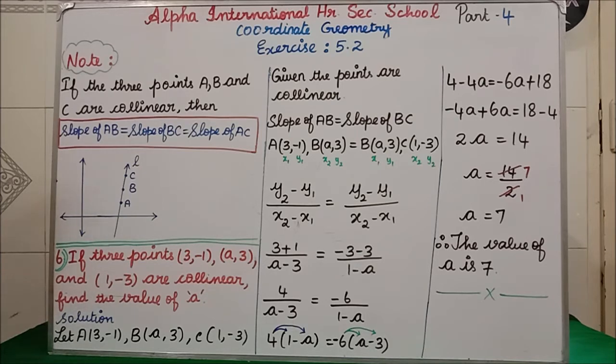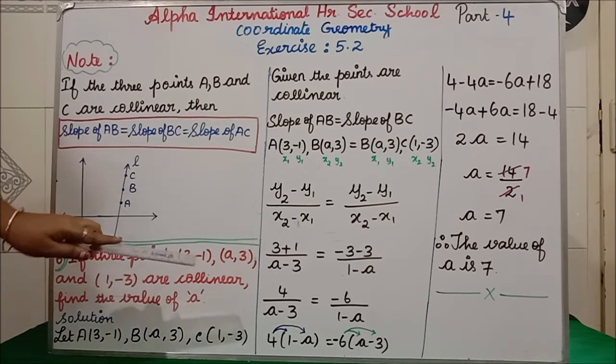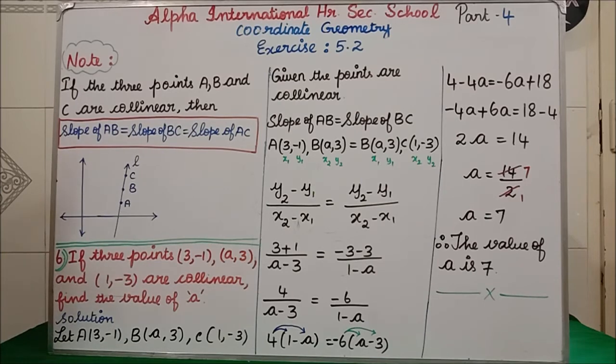In the question itself they have given that the points are collinear. So the given points are collinear. Which means any two I can take, as I told you. I am taking slope of AB equal to slope of BC. You can take slope of BC equal to slope of AC. The same answer you will also get.